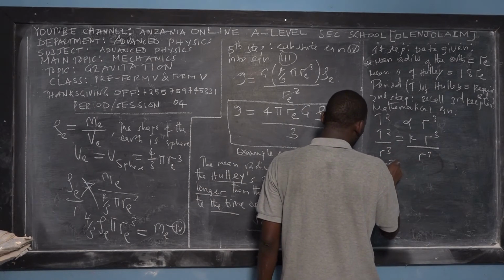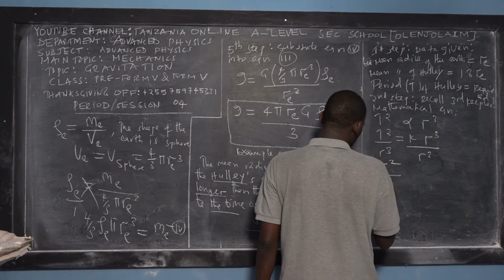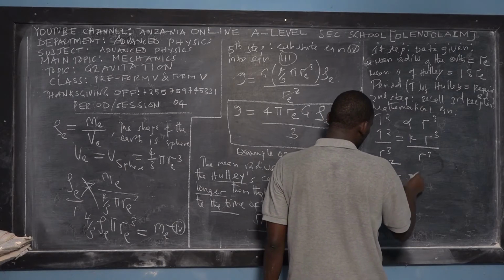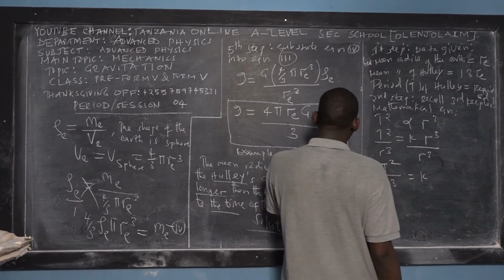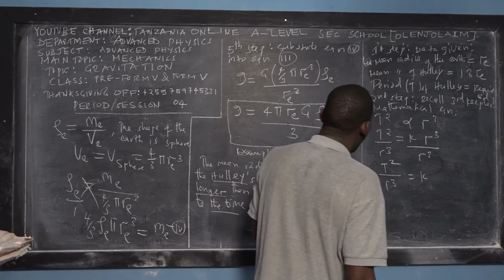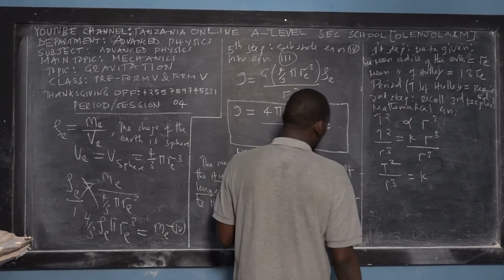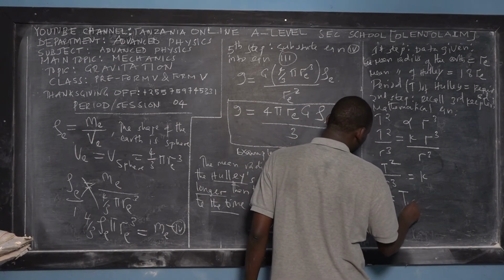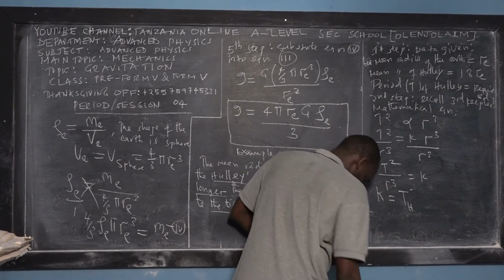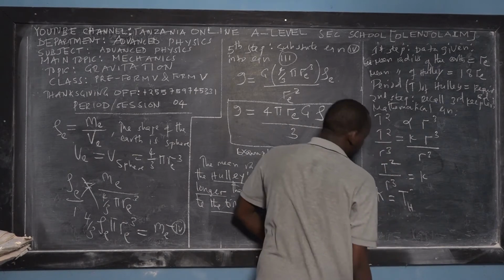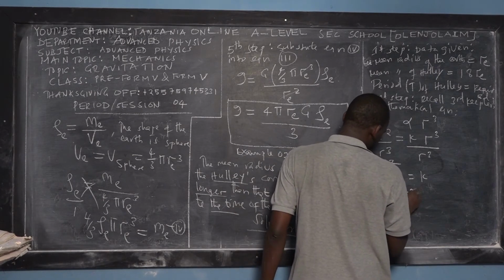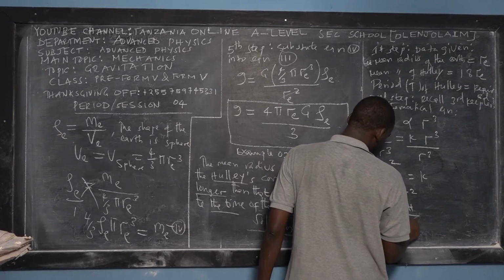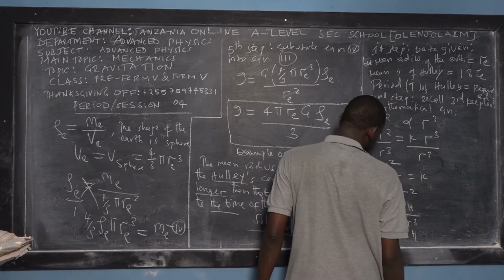So we have T squared over R cubed is equal to K. So K, we can calculate this value of K by the period of Halley if we could know it, over the radius of Halley cubed.